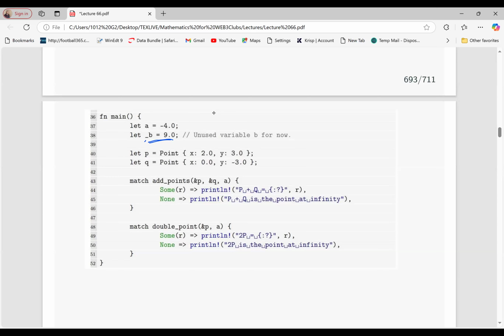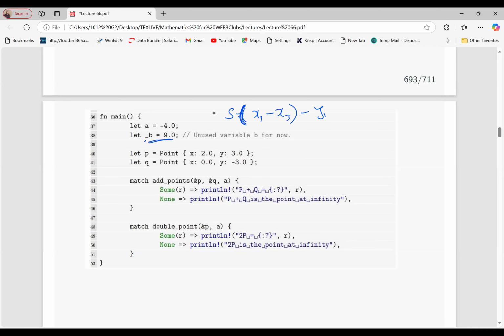The first formula, where I'm doing doubling, is using s into x1 minus x3 minus y1. So there's nowhere I've used b, but where am I using a?